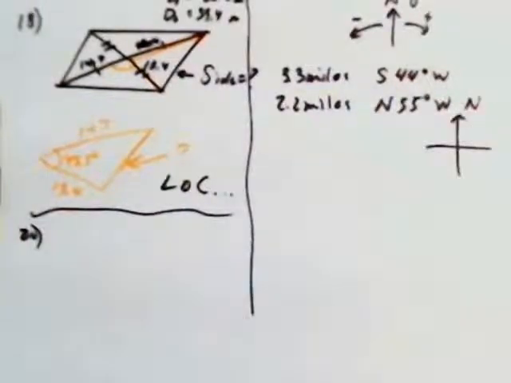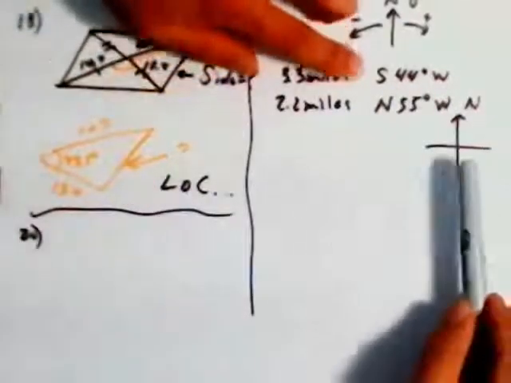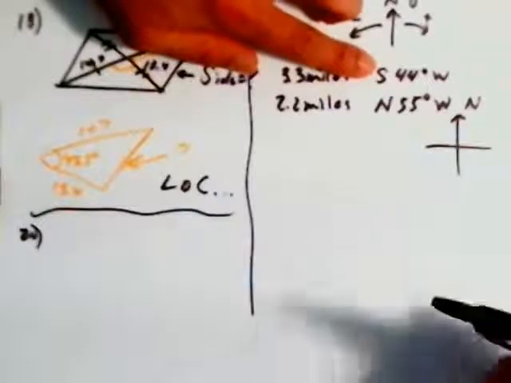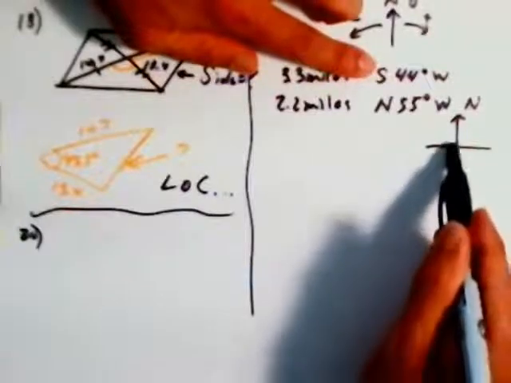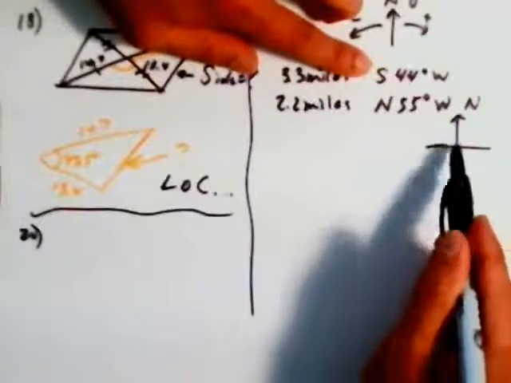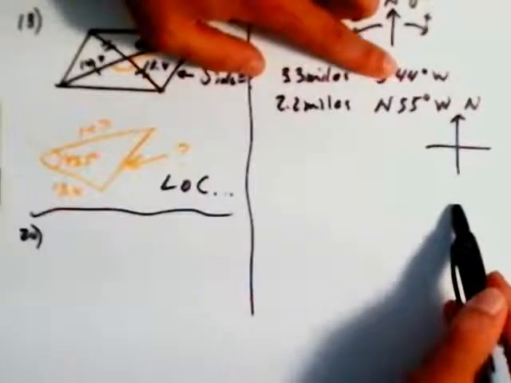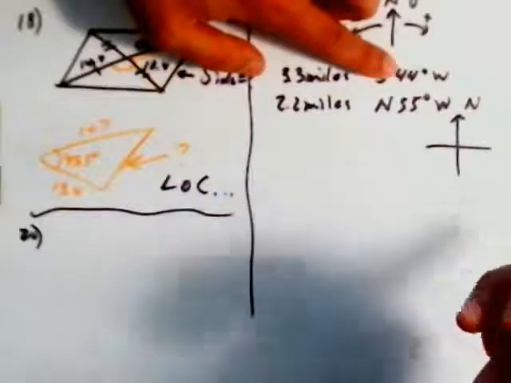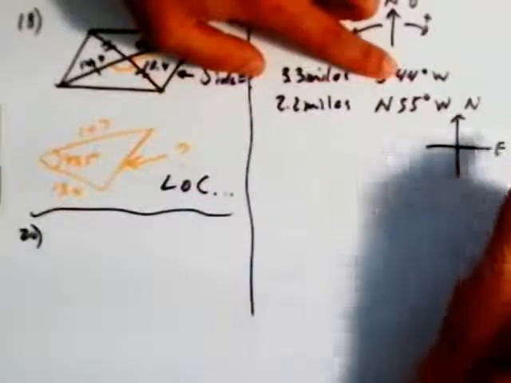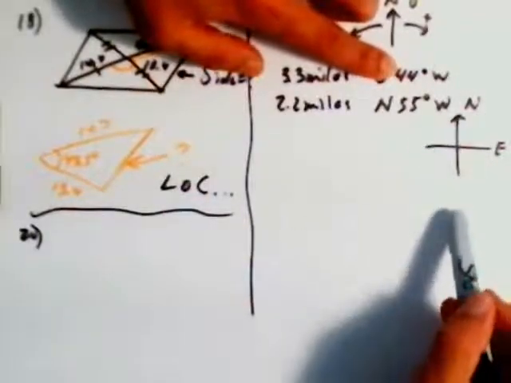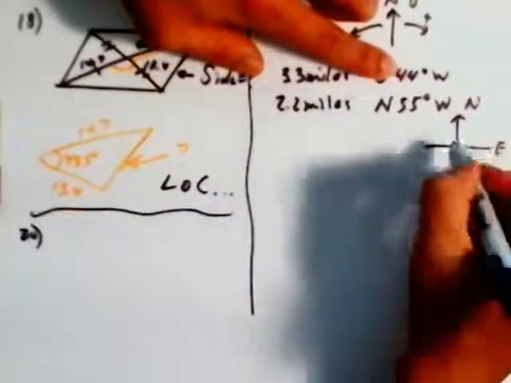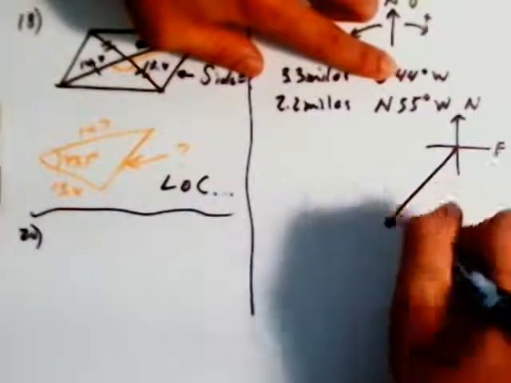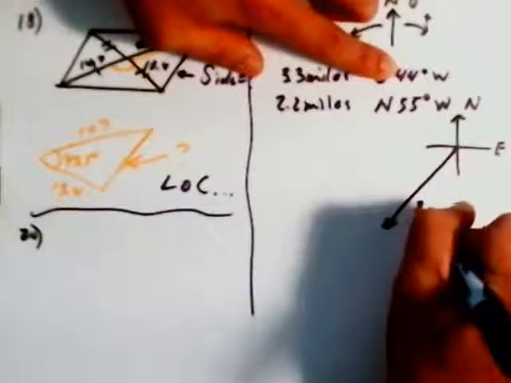That's north, okay? So what this says is starting at south, this is your starting point, you're going to go 44 degrees west. So west is that direction. East is that direction. So therefore that's west. So he's going to go in that direction 3.3.